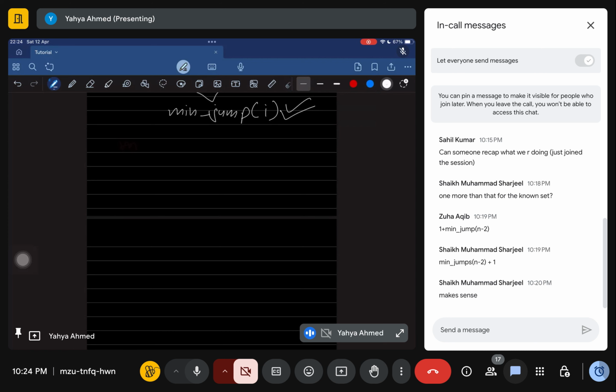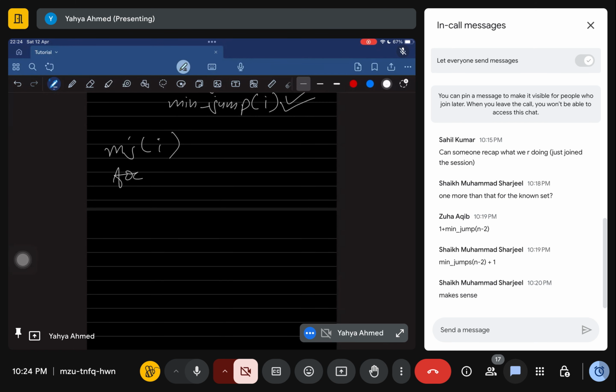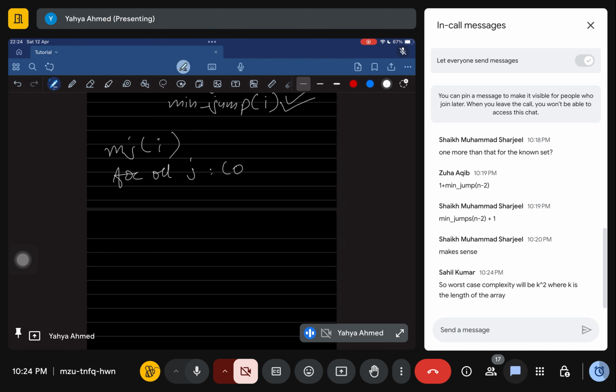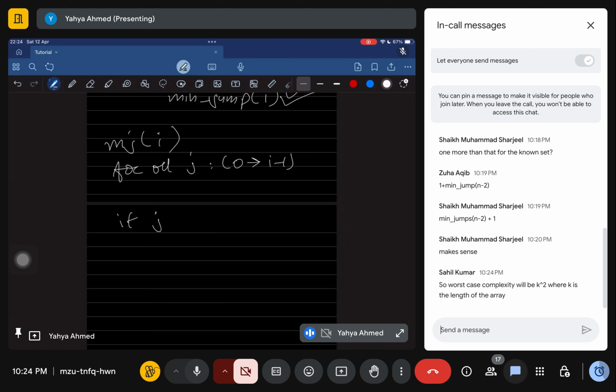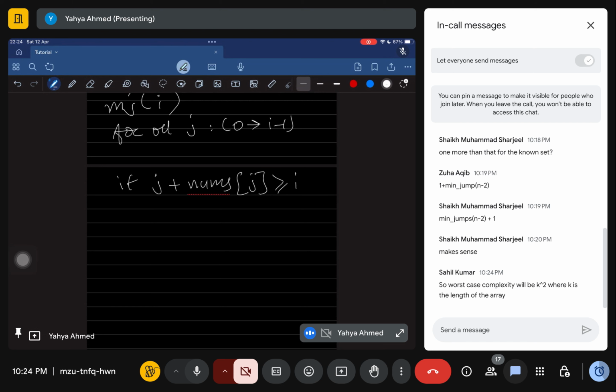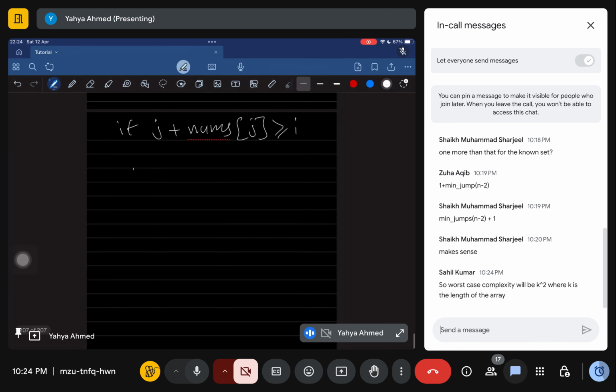So minimum jump of I, mj of I, is basically for all j in the range 0 till I minus 1, all of the people behind me, I'm going to ask if the jth index plus the nums of j, the value you are standing at plus your value, can get me up till I or greater than I, then that means that guy allows me to jump onto you in one step, right?